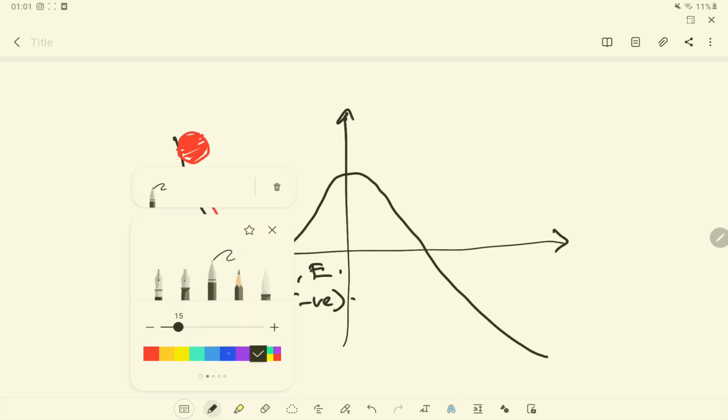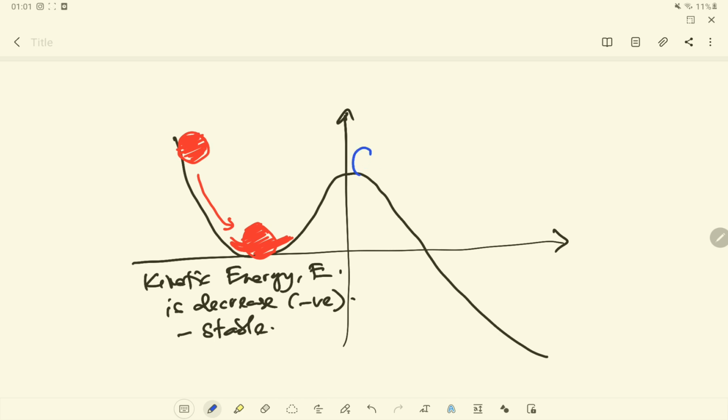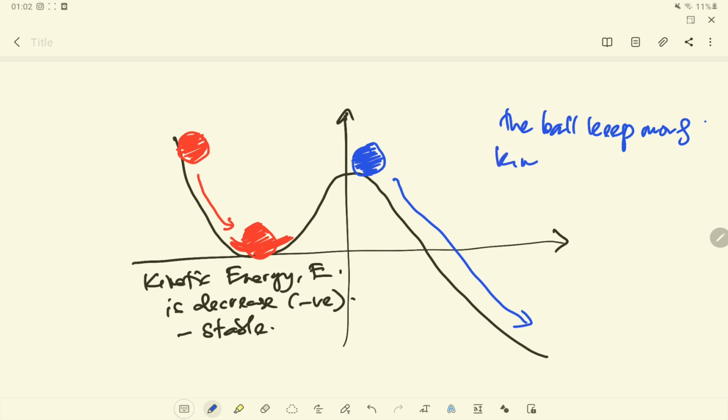Let's say another position is somewhere here. So the ball can roll to the right and it will keep moving. The ball keeps moving. It means that the kinetic energy E is increasing or positive.